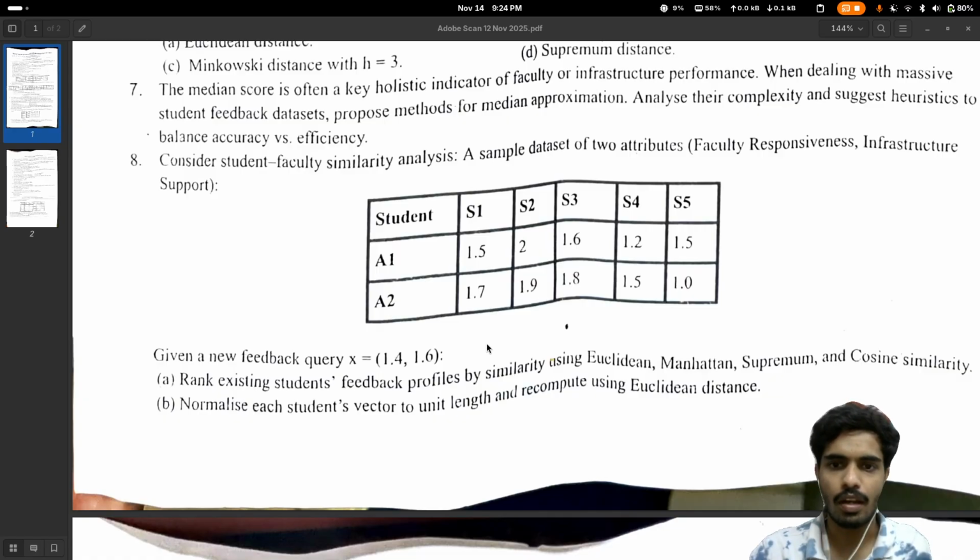Each student has two features or attributes, and they want us to find the similarity using Euclidean, Manhattan, supremum and cosine similarity, and then normalize the values and again find it with the Euclidean distance. So basically they want us to find the similarity between all of S1, S2, S3, S4, S5 with X.